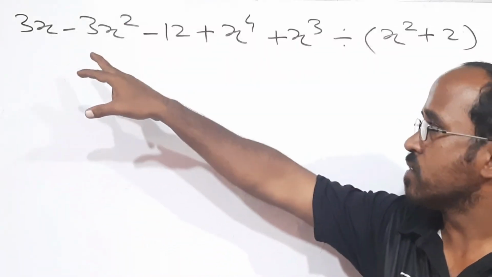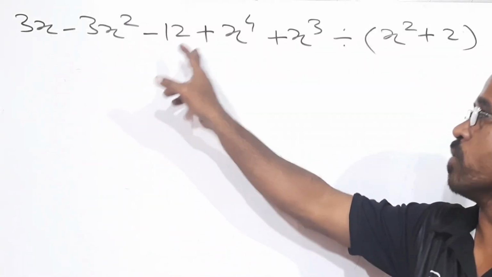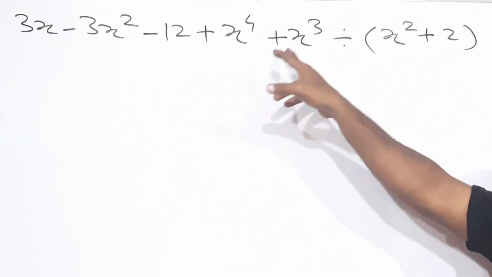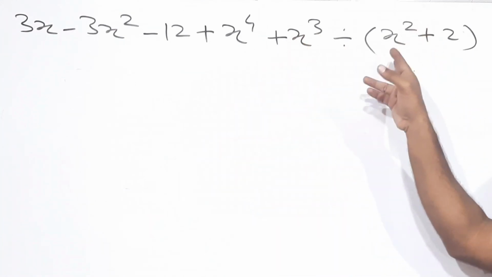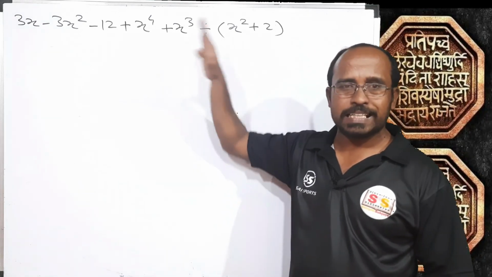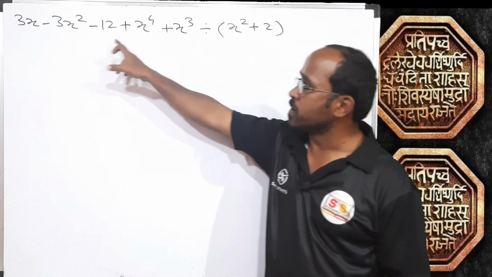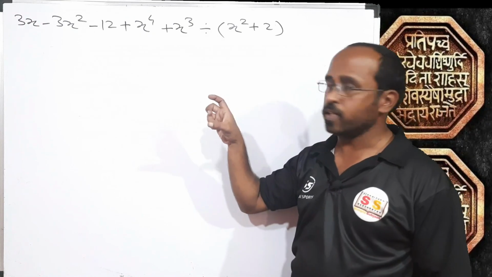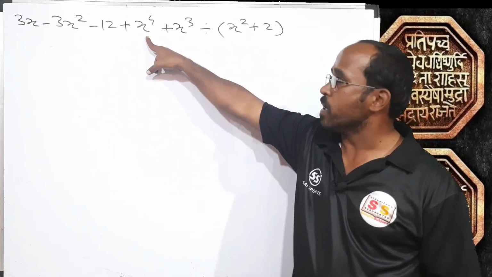The question is 3x minus 3x square minus 12 plus x raised to 4 plus x cube divided by x square plus 2. First of all, we have to arrange both in the standard form. So standard form of this in the descending order of the indices. First here it will come x raised to 4.